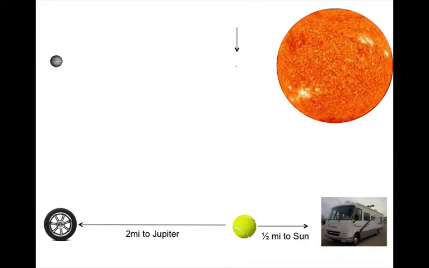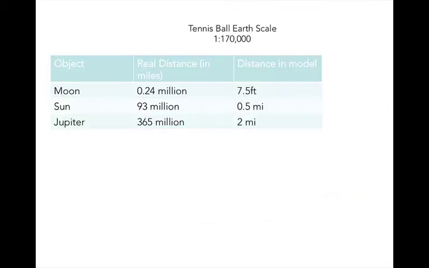So let me put up some other astronomical objects that we might care about and learn about later in this course, and where they fall in our scale model. But I'm going to do so rapidly, so we'll put them in the form of a table from here out. Here's the Moon at about 250,000 real miles and 7.5 feet in our model.